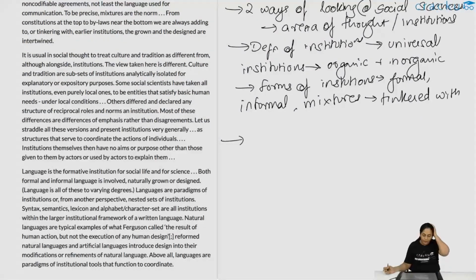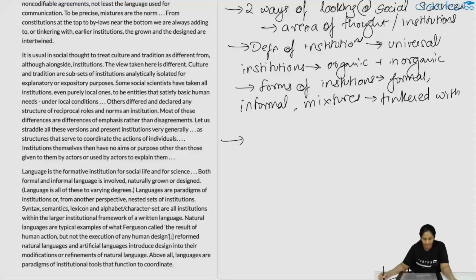It is usual in social thought to treat culture and tradition as different from, although alongside, institutions. The view taken here is different. Culture and tradition are subsets of institutions analytically isolated for explanatory or expository purposes. Some social scientists have taken all institutions, even purely local ones, to be entities that satisfy basic human needs under local conditions.